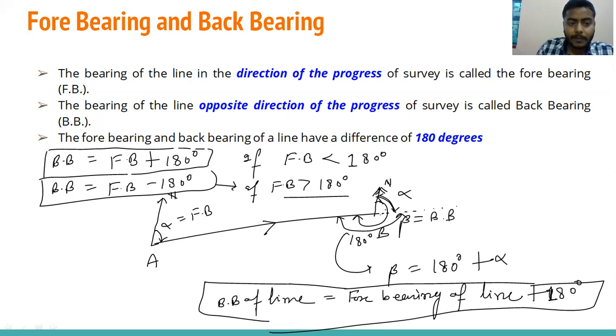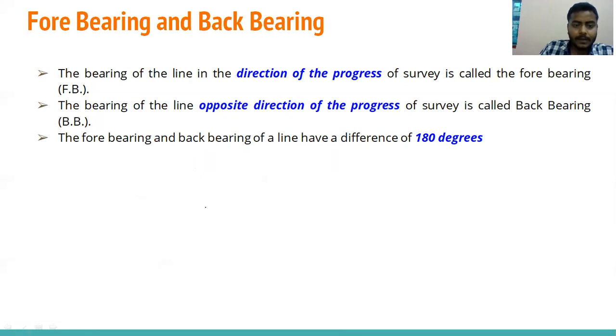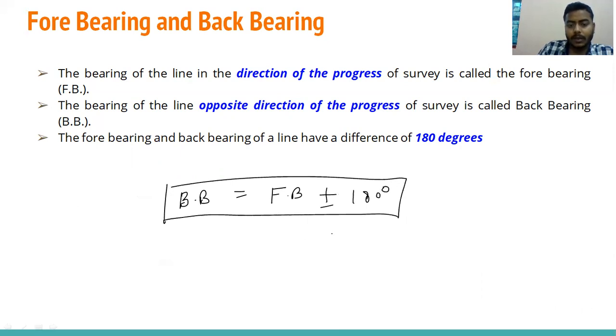Just remember the two things. Back bearing is equal to forebearing plus 180 degree when forebearing is less than 180 degree. Back bearing is equal to forebearing minus 180 degree when forebearing is greater than 180 degree. You can check also by drawing the figure and drawing this from geometry. You can understand. Generally, we write this formula: back bearing is equal to forebearing plus or minus 180 degree. This is a general formula.